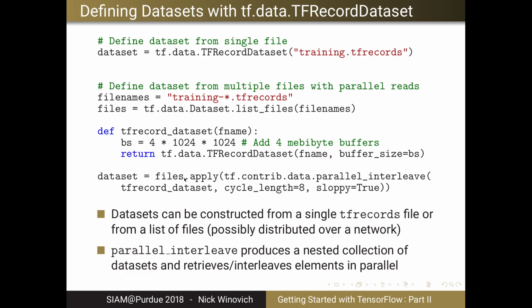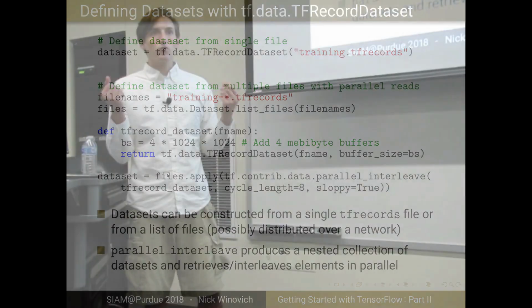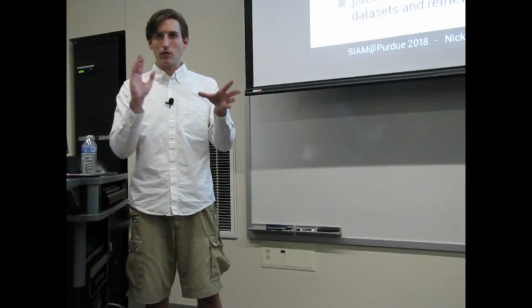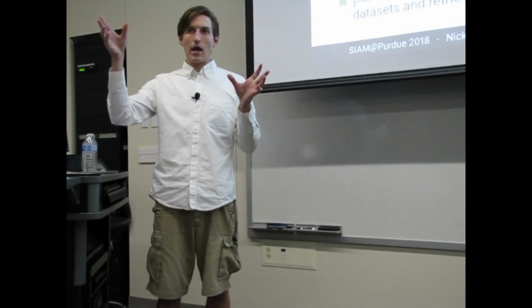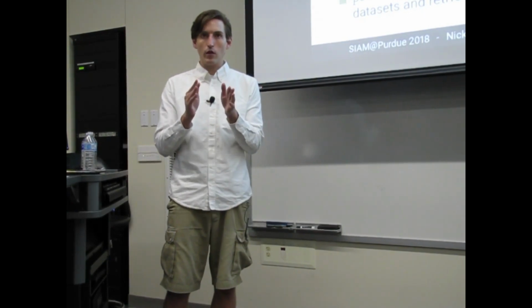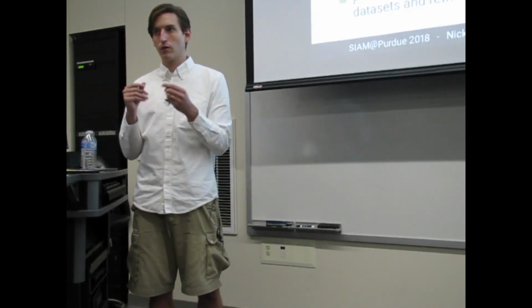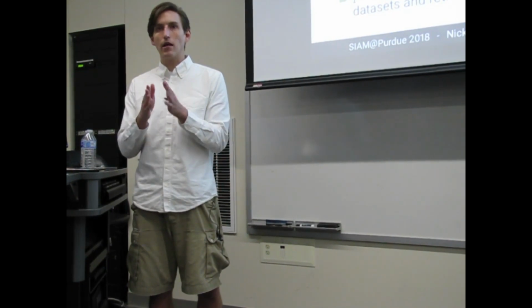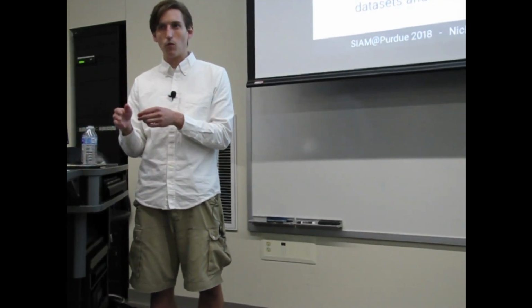So with files.apply, we take that files list and apply the parallel interleave with the TF Record dataset function defined here applied to those files. This parallel interleave reads from multiple files at the same time, especially if you have a network where maybe one is falling behind, and whichever are available, it will put into position, interleaving, combining them one by one.